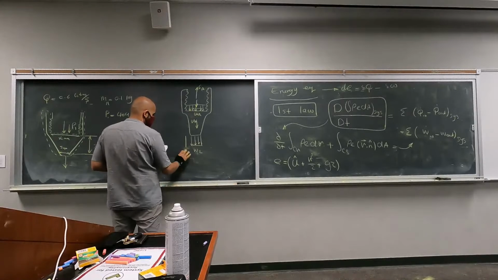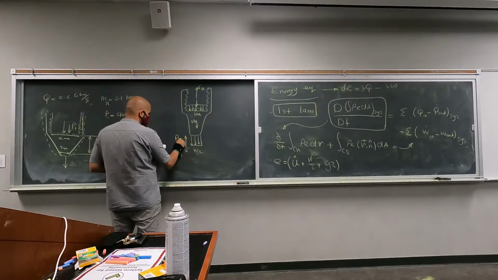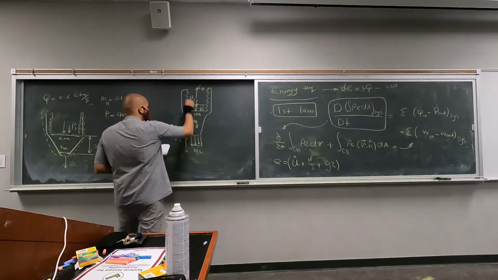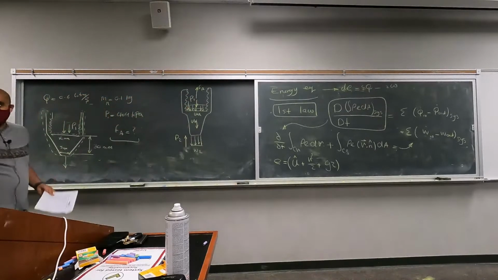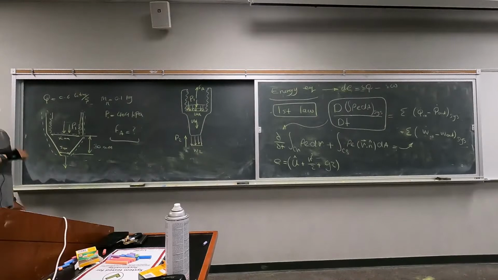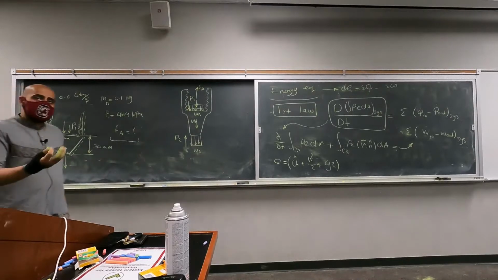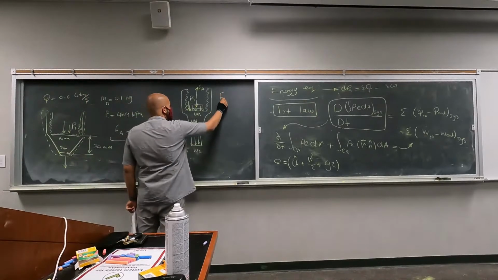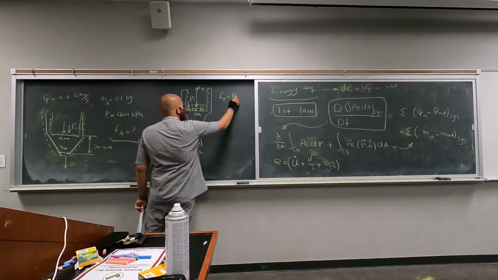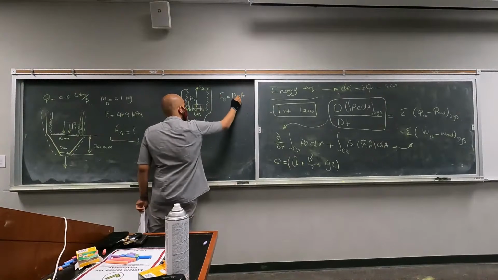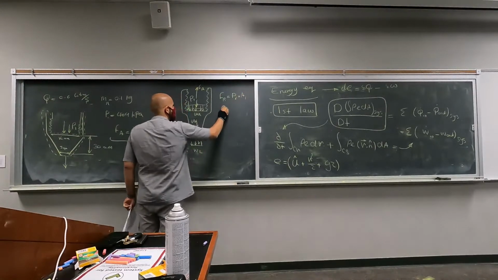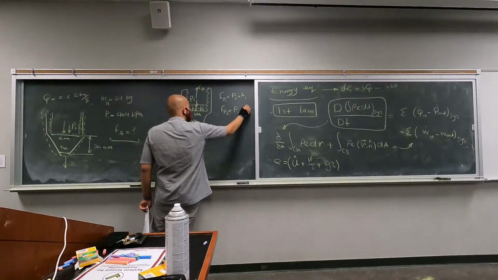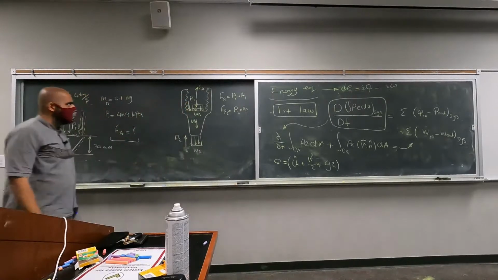Pressure, we have P2 here, and we have P1 here. How can we calculate pressure force? Pressure is force per unit area. So to find the force applied by pressure, you just have to multiply it by area. So F_P1 is P1 multiplied by whatever the area 1 is. F_P2 is P2 multiplied by whatever the area 2 is.